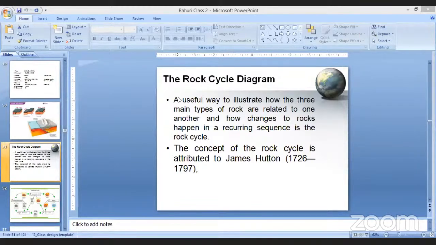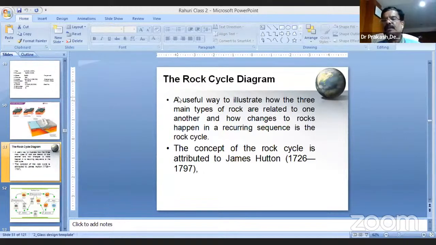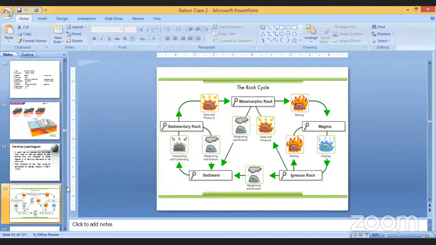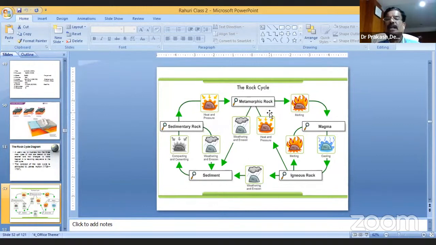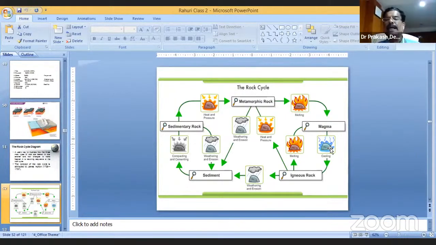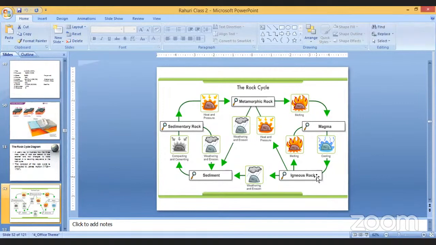So the concept of the rock cycle is attributed to James Hutton, 1726. Now I'll explain James Hutton's rock cycle. We'll start with the magma. Cooling and consolidation result in the formation of igneous rocks, right?